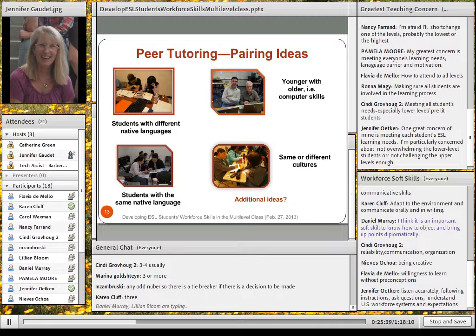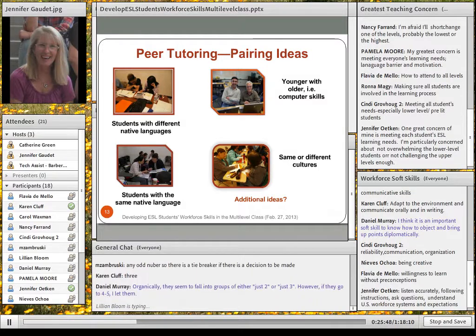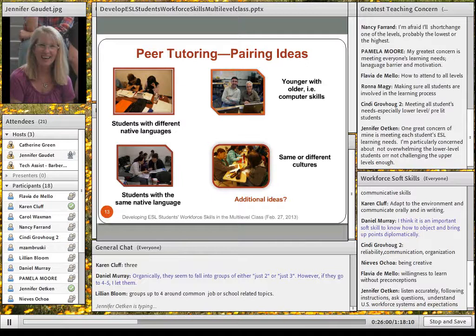Okay, good. Any odd numbers so that if there's a tiebreaker, a decision can be made? Good. And Daniel's saying, organically, they seem to fall into groups of just 2 or 3.